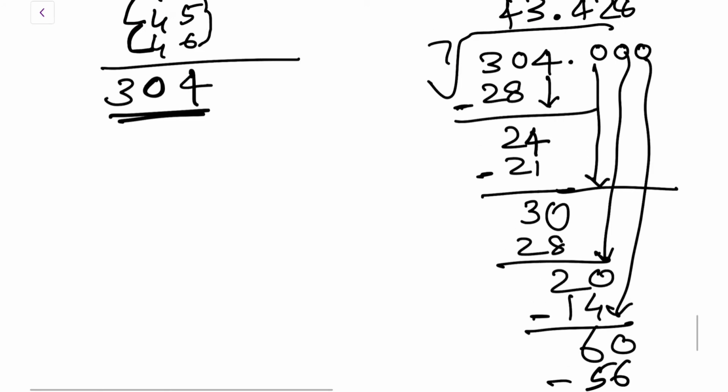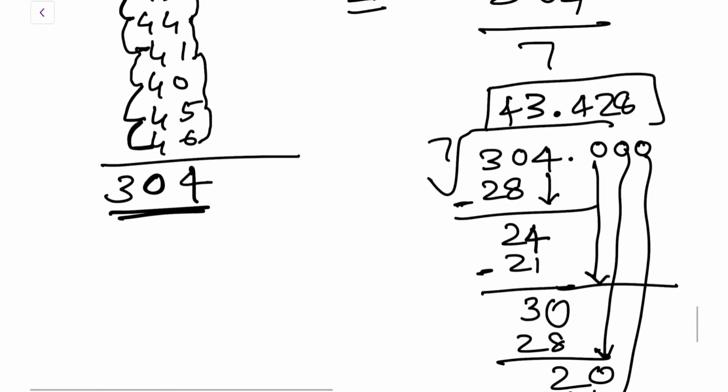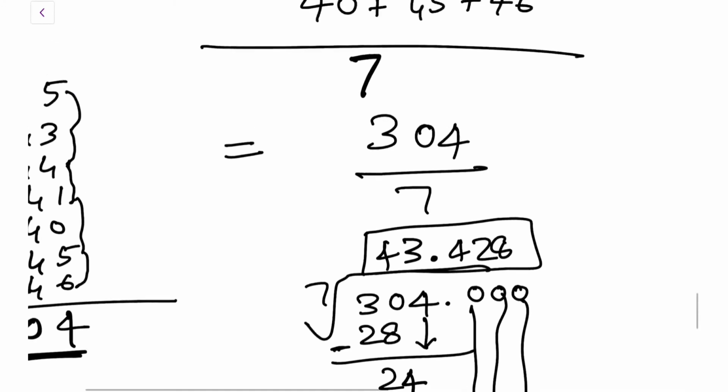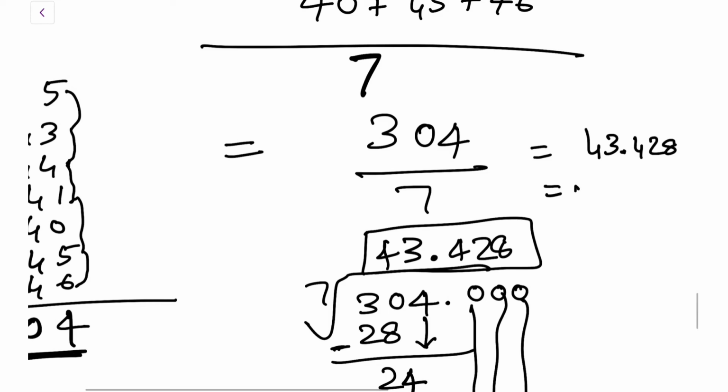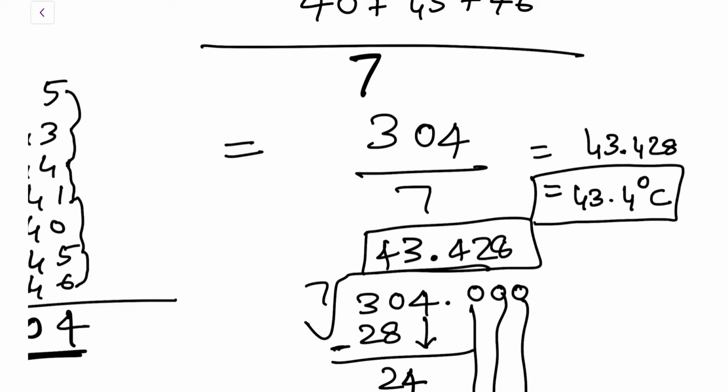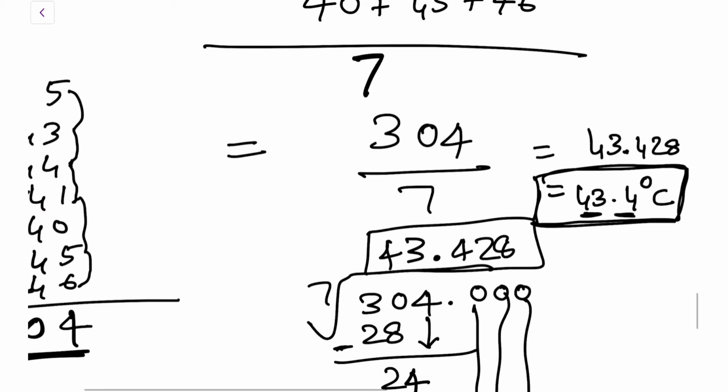Okay, you can stop it here. So you can see that the average temperature is 43.428. If you approximate it, you can write it as 43.4 degrees centigrade. That means approximately the temperature every day was 43.4 degrees centigrade in that week of May in Hyderabad.